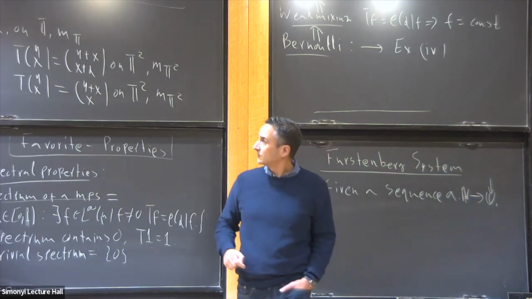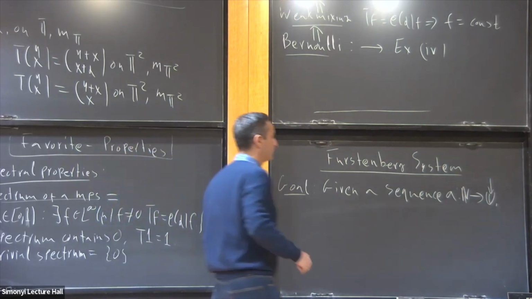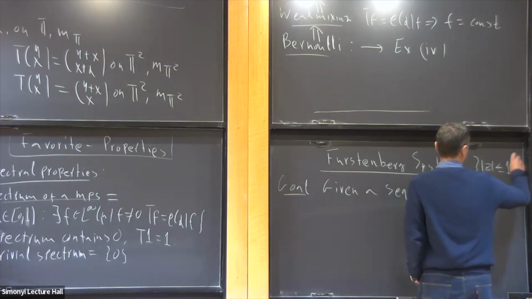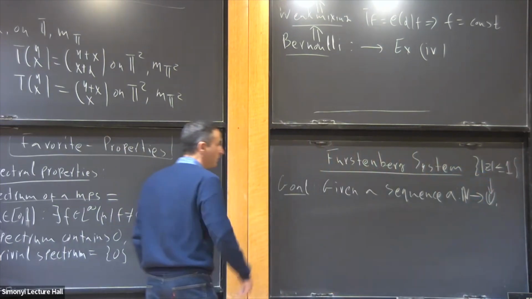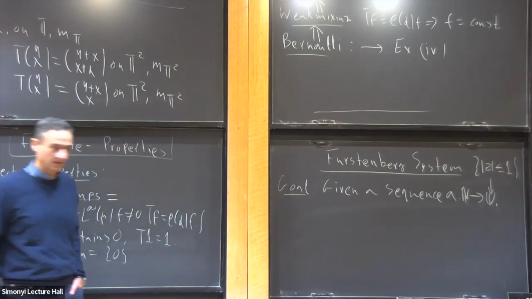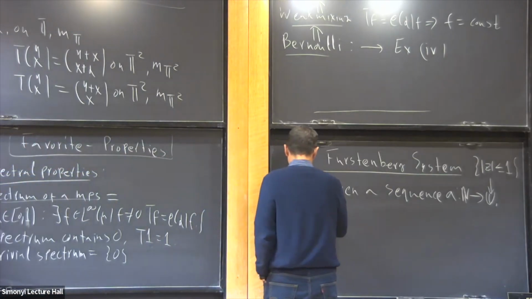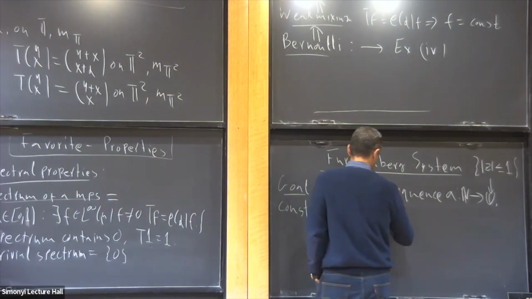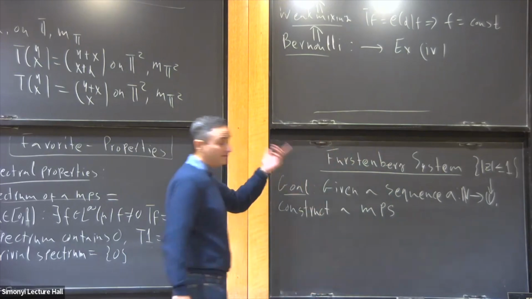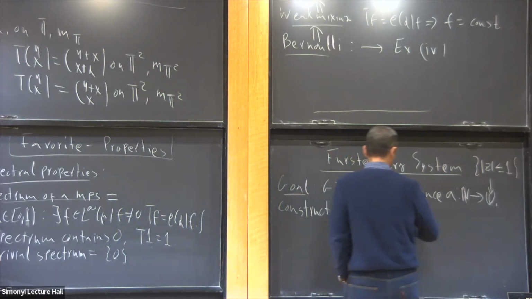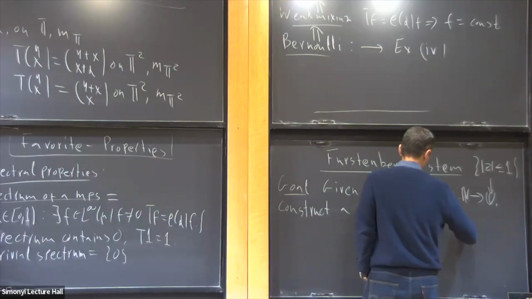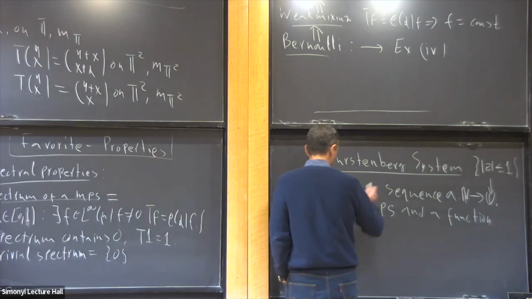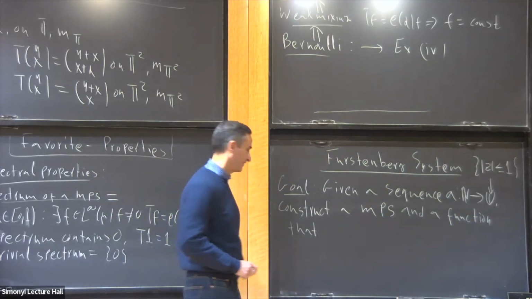Okay, for me this is the complex unit disk. A bounded sequence of complex numbers. So construct a measure system, and this comes with a function, that imitates its statistical behavior.